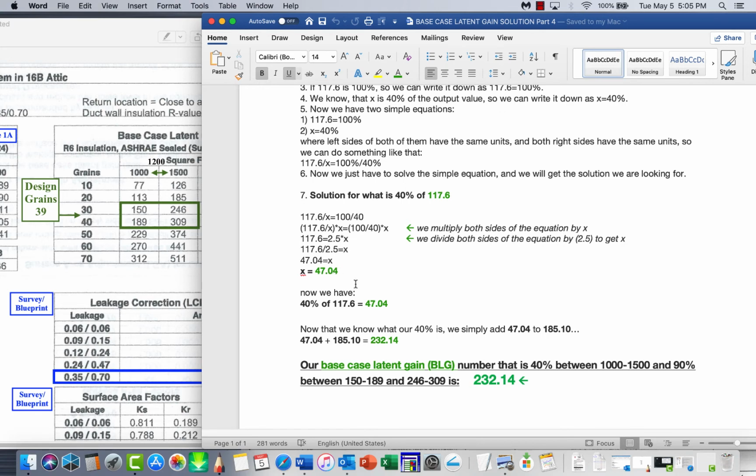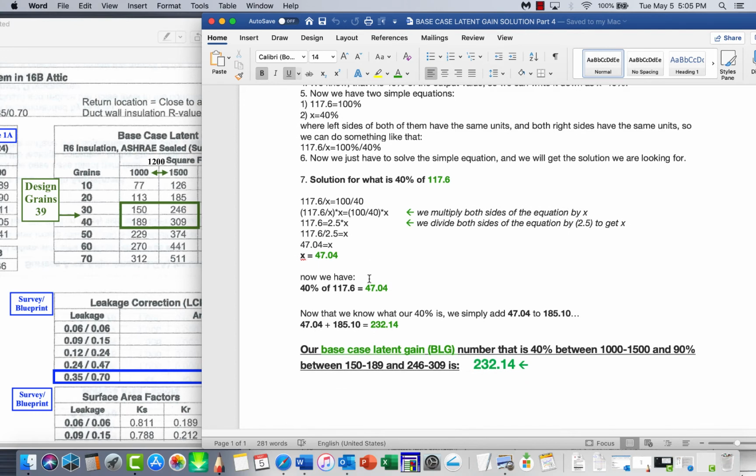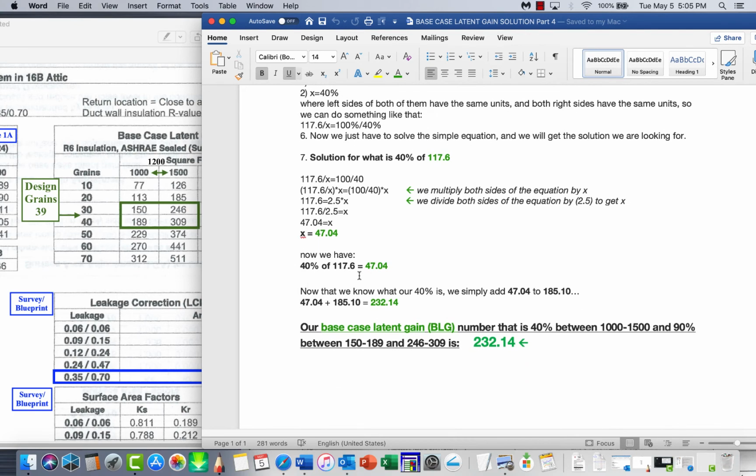X equals 47.04. So 40% of 117.6 is 47.04. Now that we know that, all we have to do is simply add it back to our original starting number, which was 185.1, and then we end up with 232.14. So for our base case latent gain, our final number is 232.14.